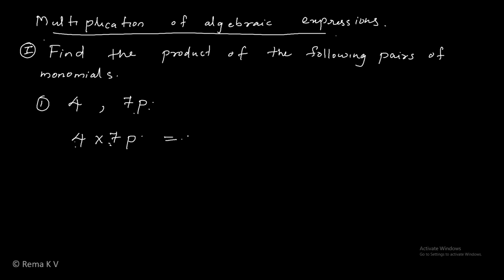It is 28. While multiplying, you have to consider the sign also. Here both are positive, so the answer will also be positive. In this term there is no algebraic factor, so we have to write this p along with this. So the answer is 28p.